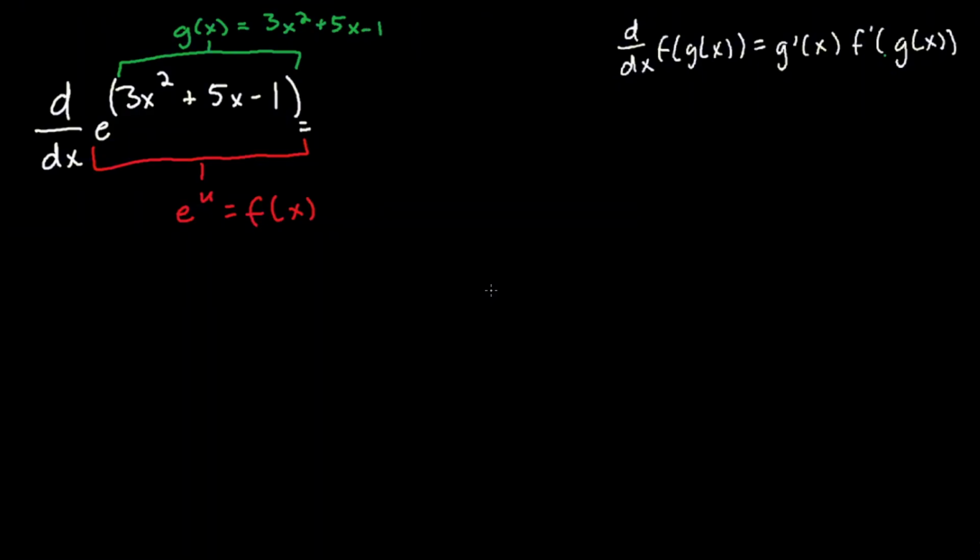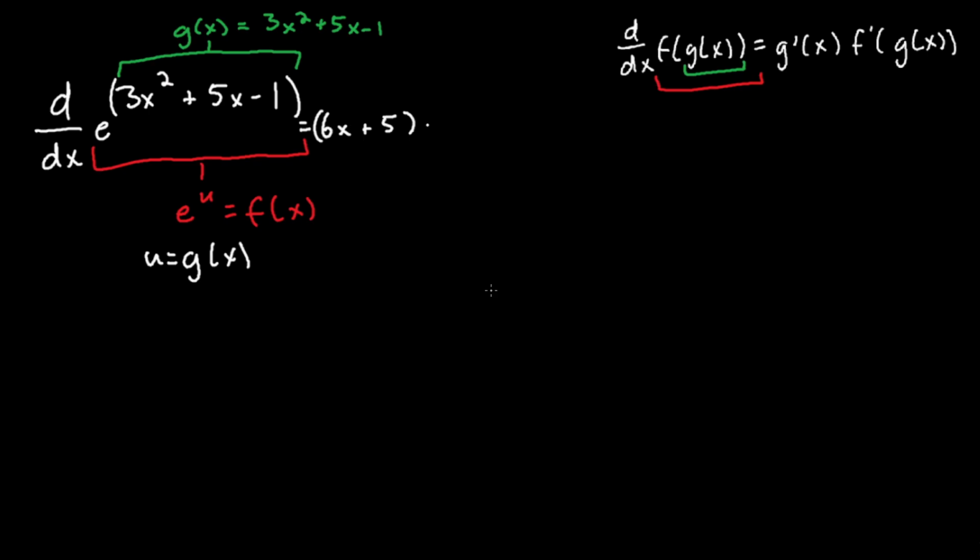So there's a function, g of x, inside of a larger function, e to the u in this case. Remember, u is a substitute for g of x to help us as a crutch to solve this problem. So what do we do? Well, we need to find the derivative of g. So the derivative of g is 6x plus 5, using some power rule.